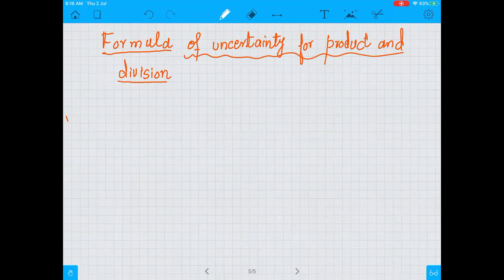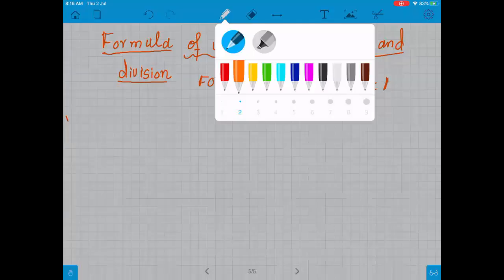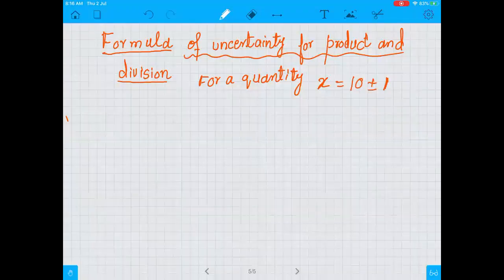Now, first of all, we should know that for a quantity x that is, let's suppose, equal to 10 plus minus 1, first you need to understand this convention. This 10 is the average of data and this 1 is the random uncertainty.